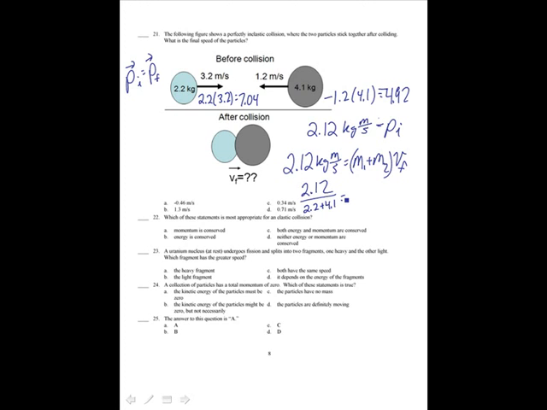This gives me 0.34. That's C. So number 21 is C.